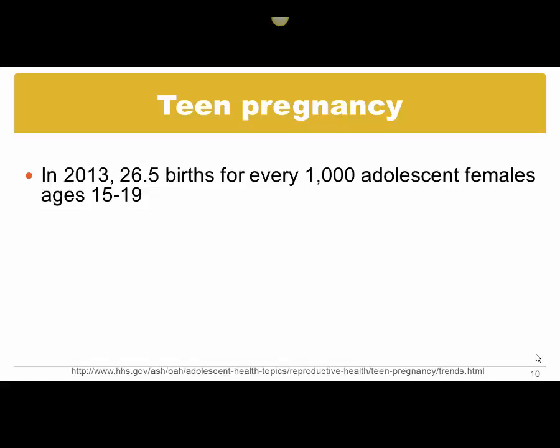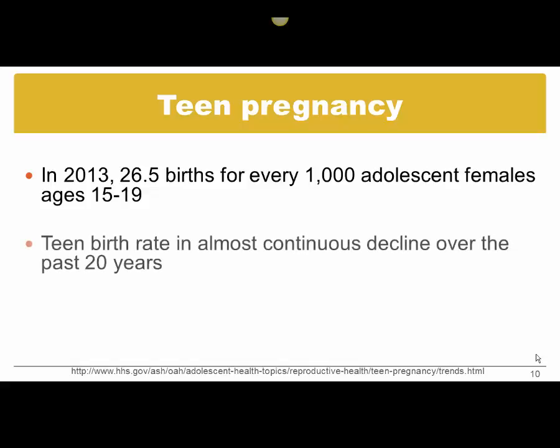Nearly 89% of those births occurred outside of marriage. The teen birth rate has been declining continuously over the past 20 years. Still, the U.S. teen birth rate is higher than that of many other developed countries such as Canada and the United Kingdom.